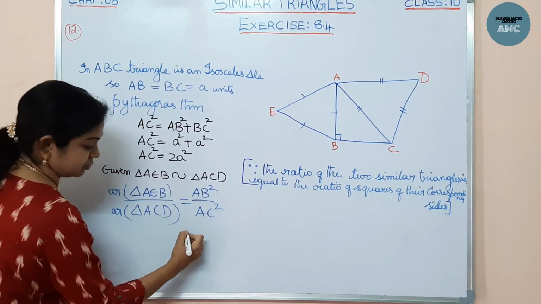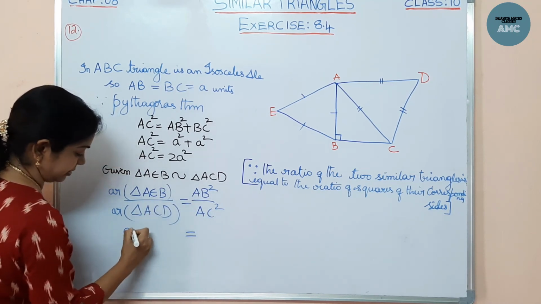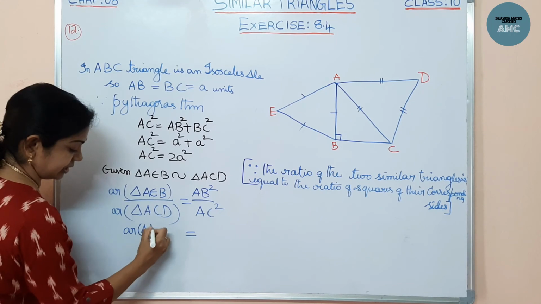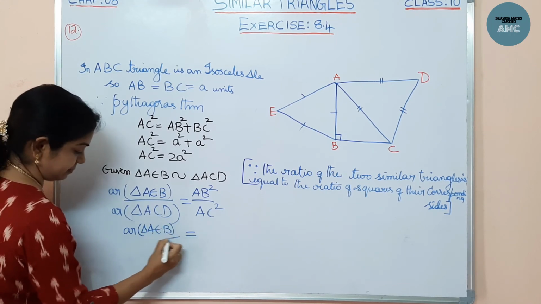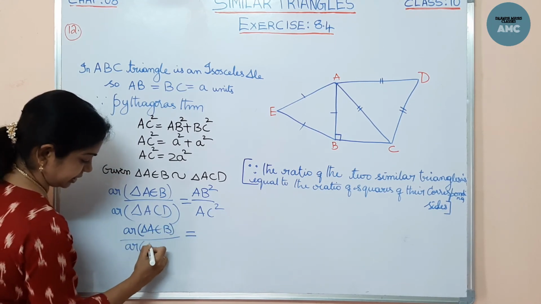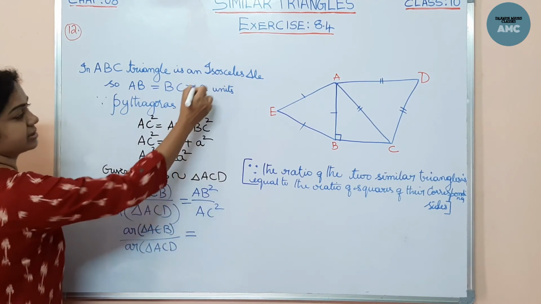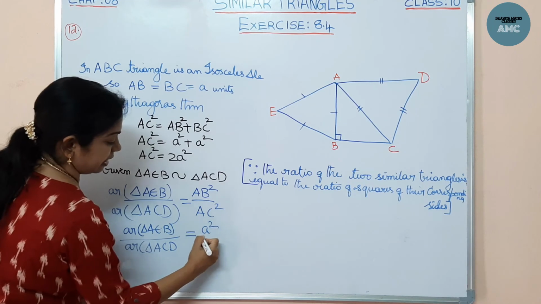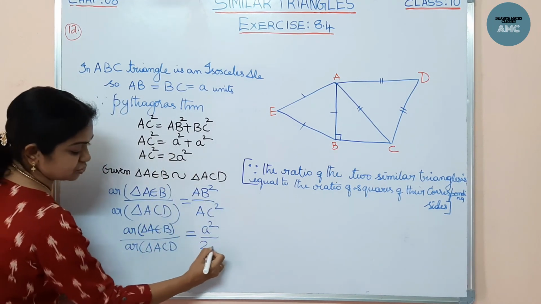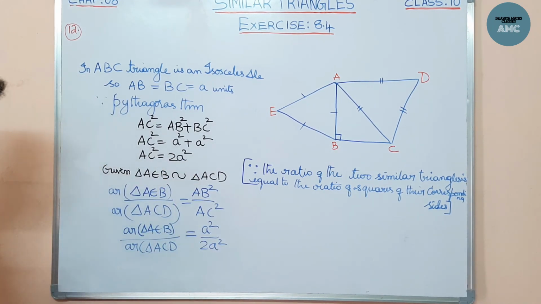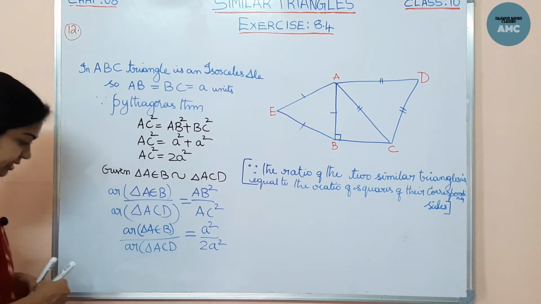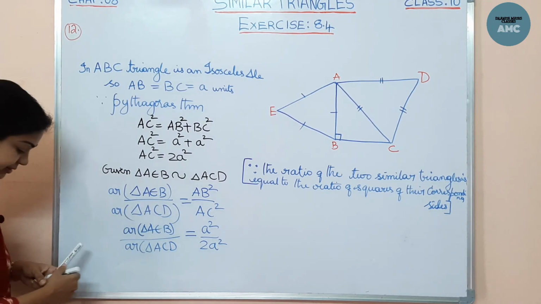From these two we can say that the area of triangle AEB by the area of triangle ACD is equal to AB square, which is A square, and AC square we got as 2A square. Here the division is nothing but the ratio.